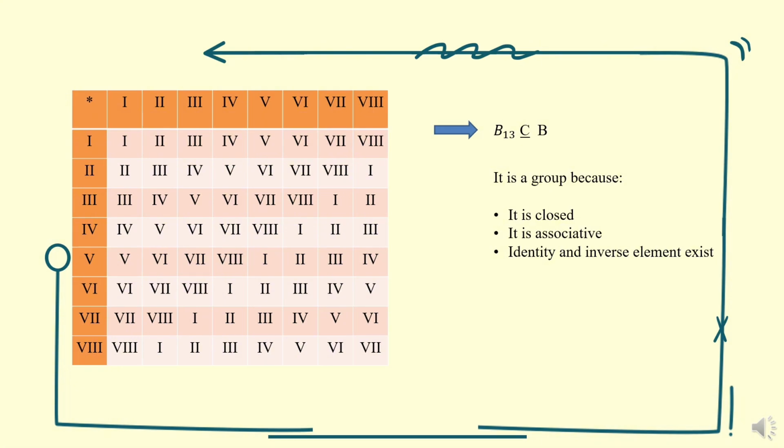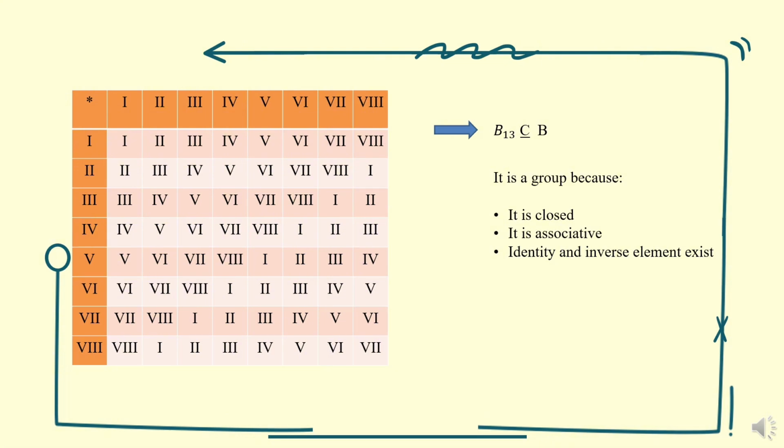The Roman numerals are placed to the left. Okay, so let's define the identity element in this table. The identity element in this table is the Roman numeral 1.